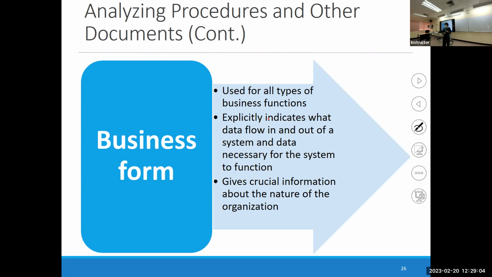Usually, if we are thinking about a form, I believe everyone has been to a medical center or a hospital, right? If you have to fill in a form at a hospital or medical center, what do they ask you?